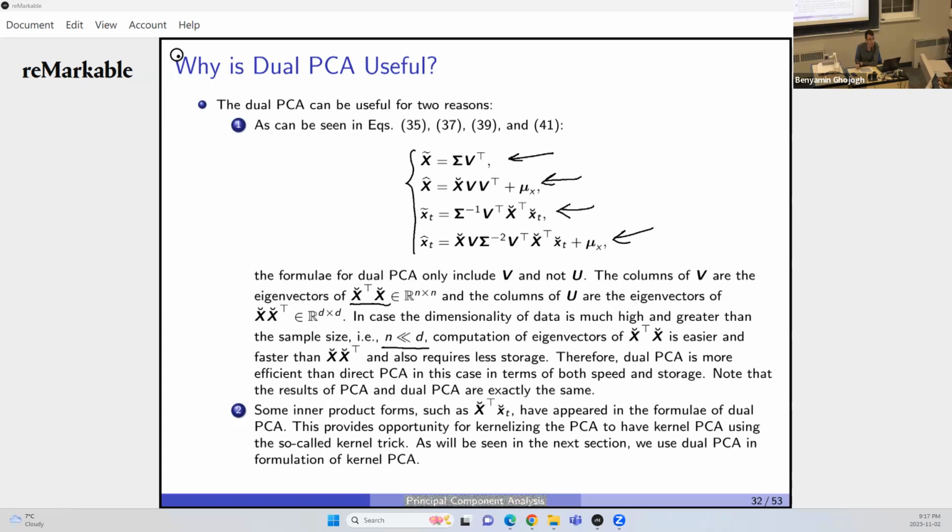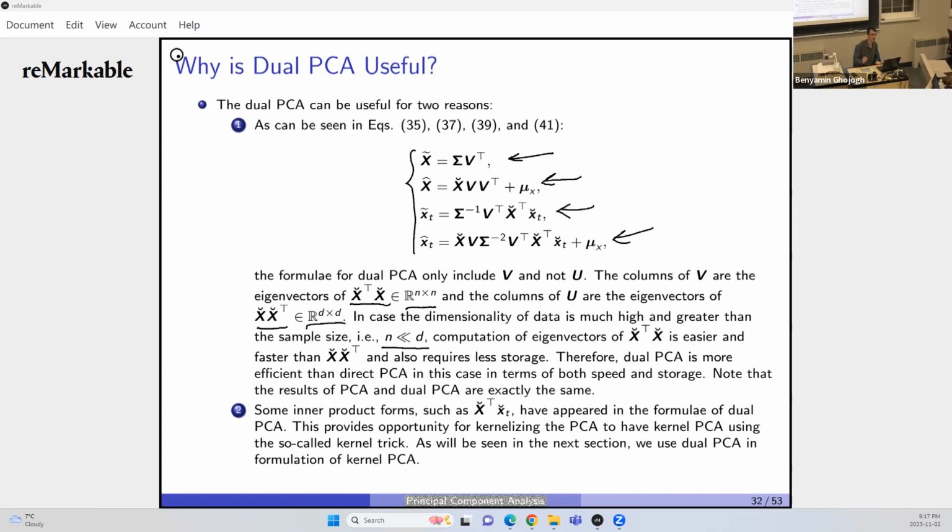And U, which is the left singular vectors of X breve, are equivalent to eigenvectors of X breve X breve transpose. What is the dimensionality of X breve? It is D by N. So X breve transpose X breve will be N by N. Clear? Also, X breve X breve transpose is D by D.